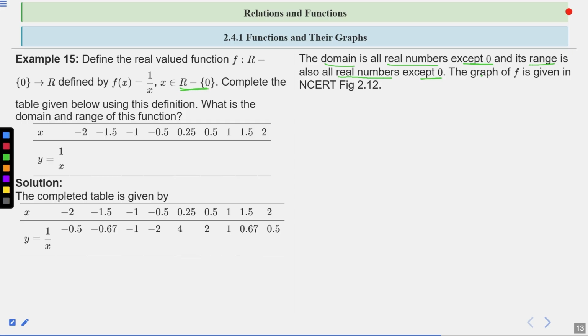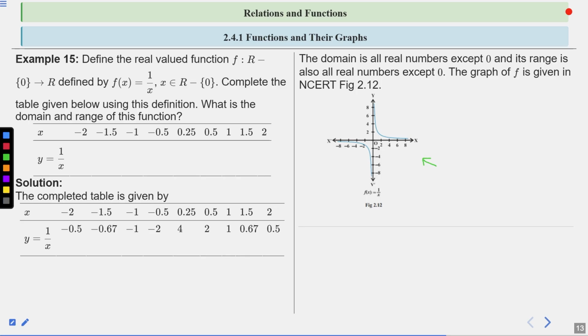Clear? Now what about its graph? Quite simple. We have already seen input and outputs, meaning we can easily put our coordinate points on the Cartesian plane in order to get the graph. By just putting these points, you will get the idea of how my graph will look. So your actual graph will look like this.